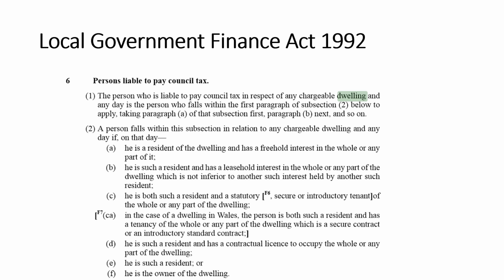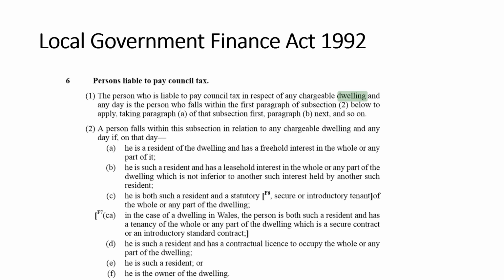And then if we go under section 2, I'll just elaborate a little bit. He's a resident of the dwelling and has a freehold interest in whole or in any part of it, and such a resident and leasehold interest which part of the dwelling is not inferior to another such interest held by a resident.